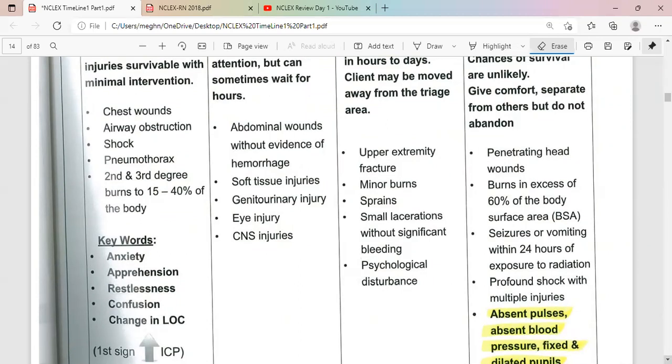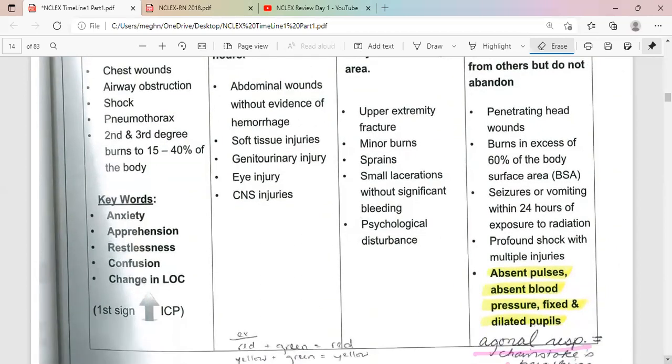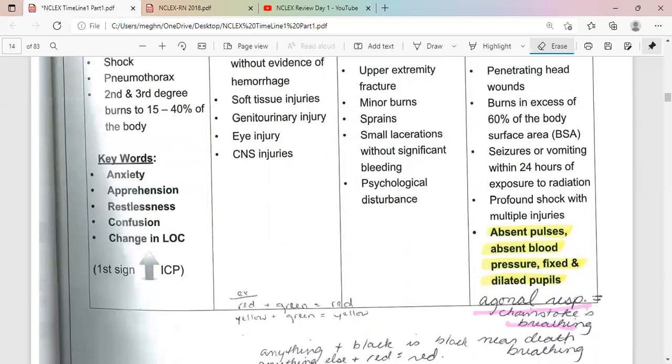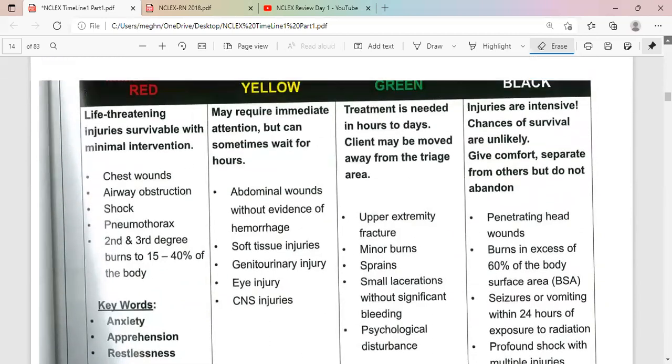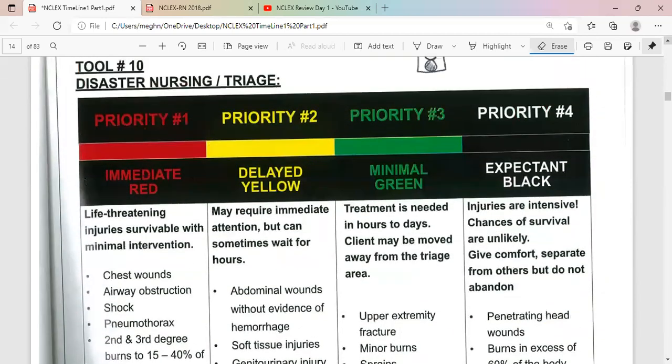Or if you check the vital signs and there is absence of pulse rate, absence of blood pressure, or fixed and dilated pupils, it means the patient is already gone and it is time to say goodbye. So this is basically disaster nursing skill or triage. As I told you, the triage nurse always requires advanced clinical decision making skill.